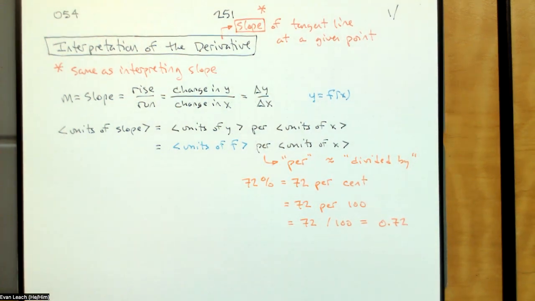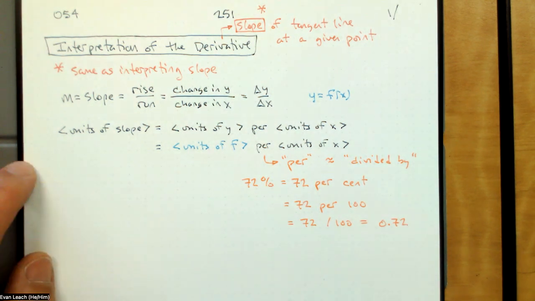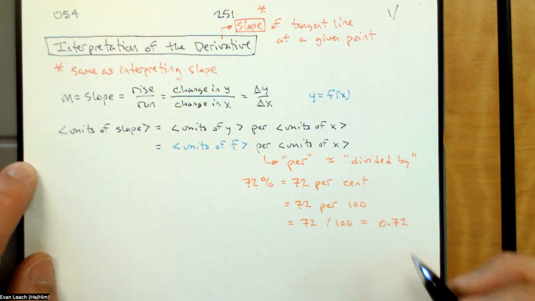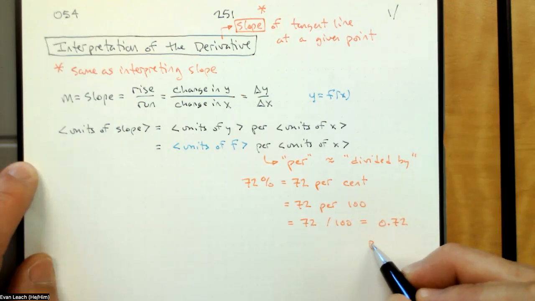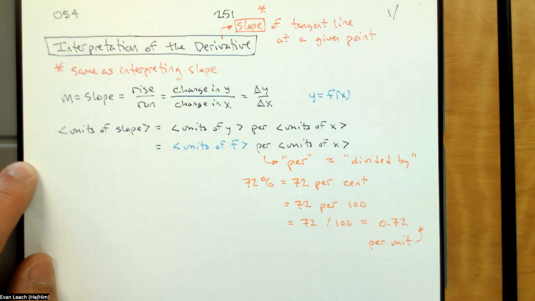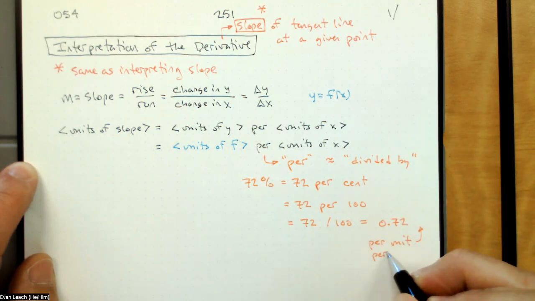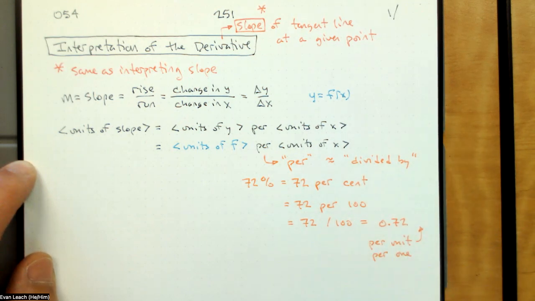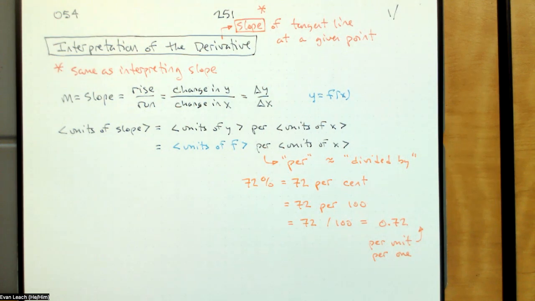When you make that calculation, it's 0.72 per 1 because we divided by the 100. So it's 0.72 per 1. Because that would be interpreted as divide by 1, 0.72 divided by 1.